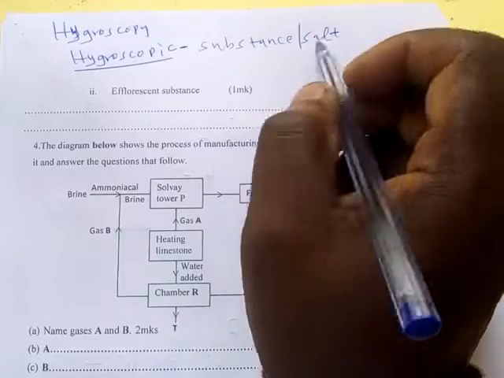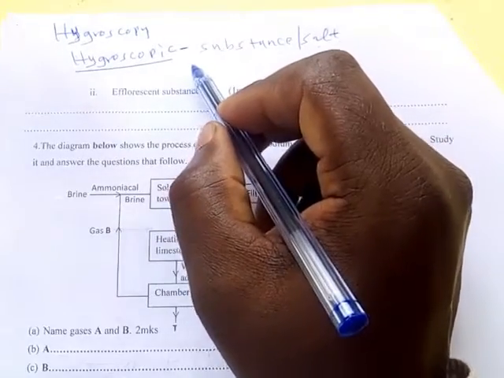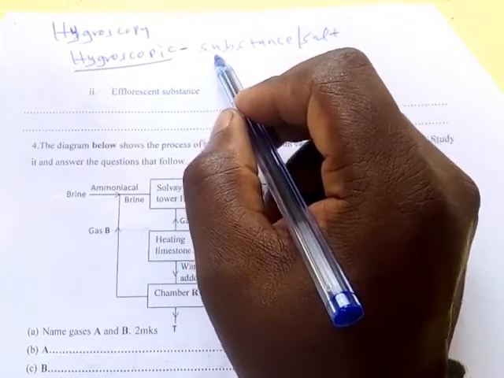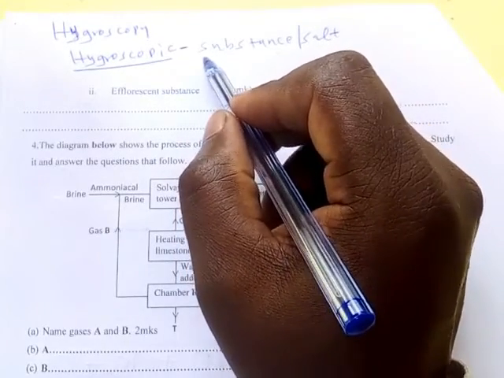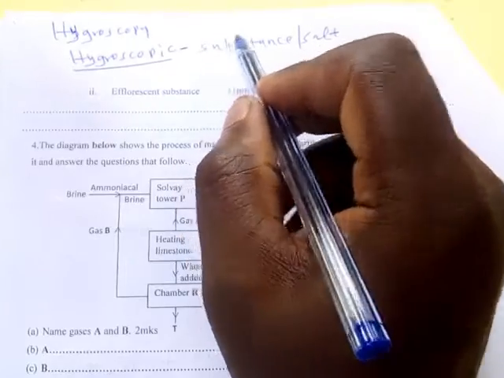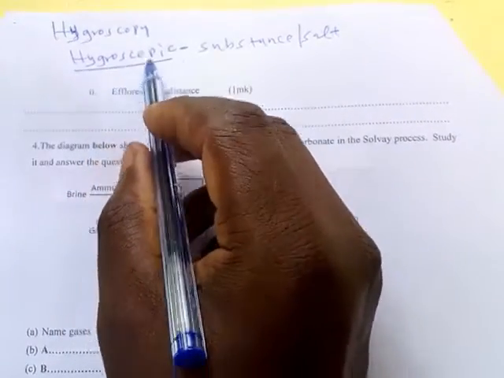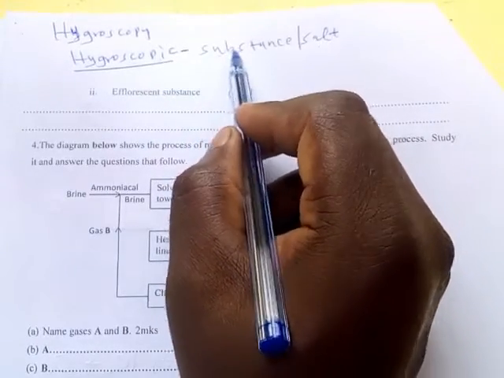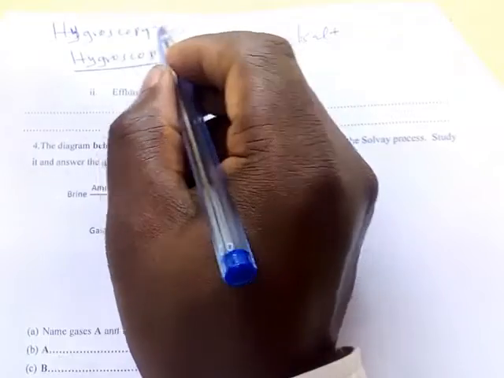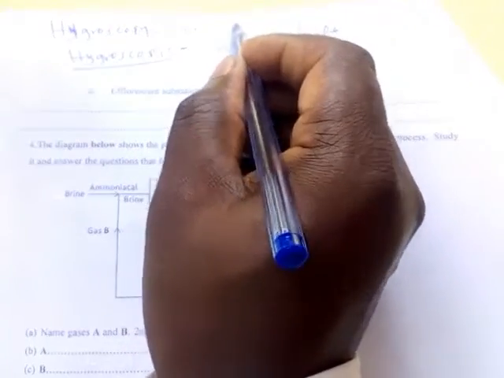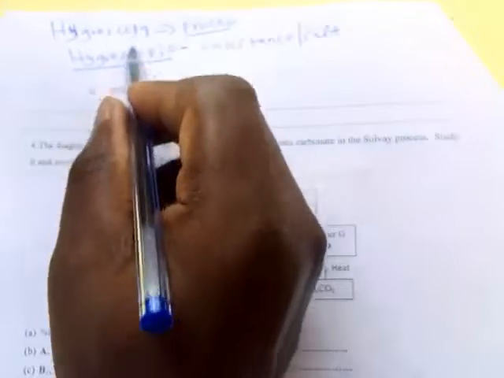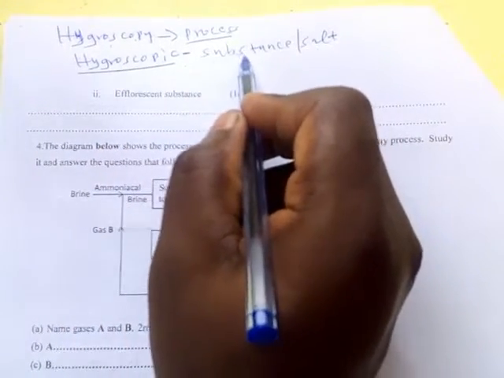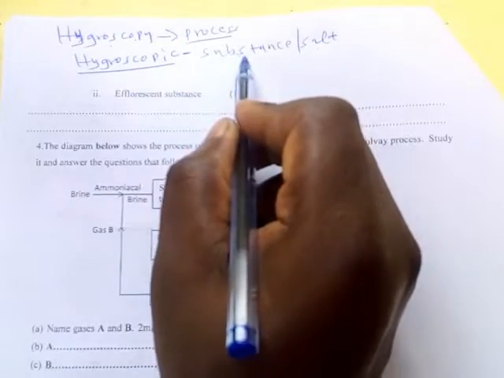The difference between a hygroscopic salt and a deliquescent salt is that hygroscopic will absorb water but does not form a solution. Deliquescent will absorb a lot of water and form a solution. So the process where a hygroscopic substance absorbs water from the atmosphere but does not form a solution is called hygroscopy. So hygroscopy is a process.